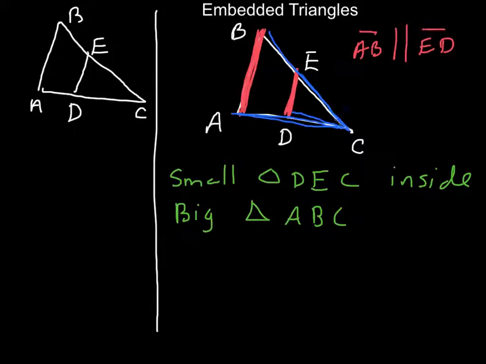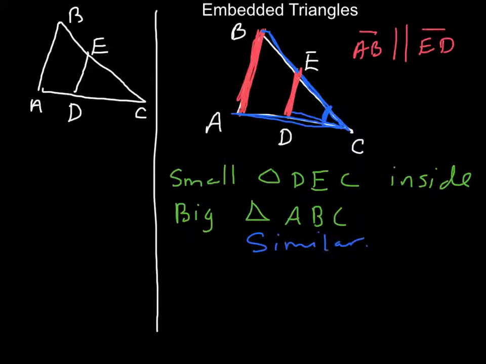Since they both share this angle, and this line is parallel to this line, this is an embedded triangle and the two triangles are similar. Embedded triangles are always similar.